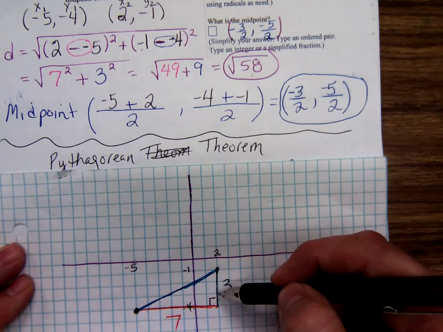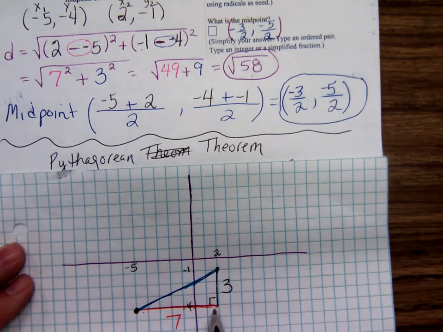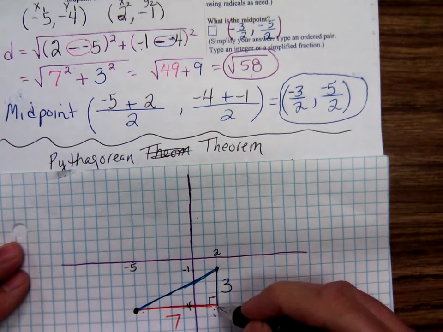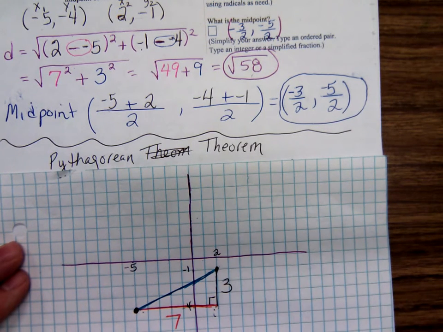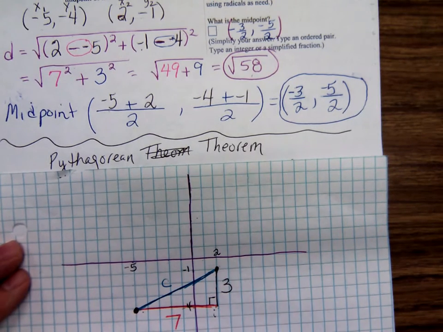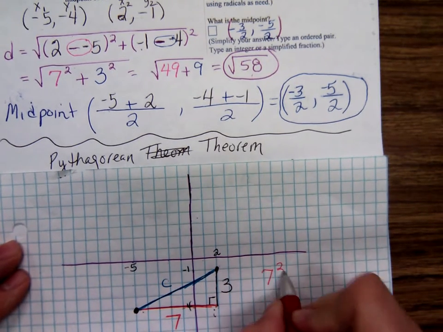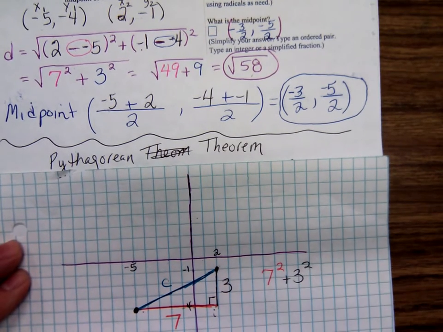So the x2 minus x1 gives you the horizontal. The y2 minus y1 gives you that vertical length. Now we're ready to say, okay, a squared plus b squared equals c squared.